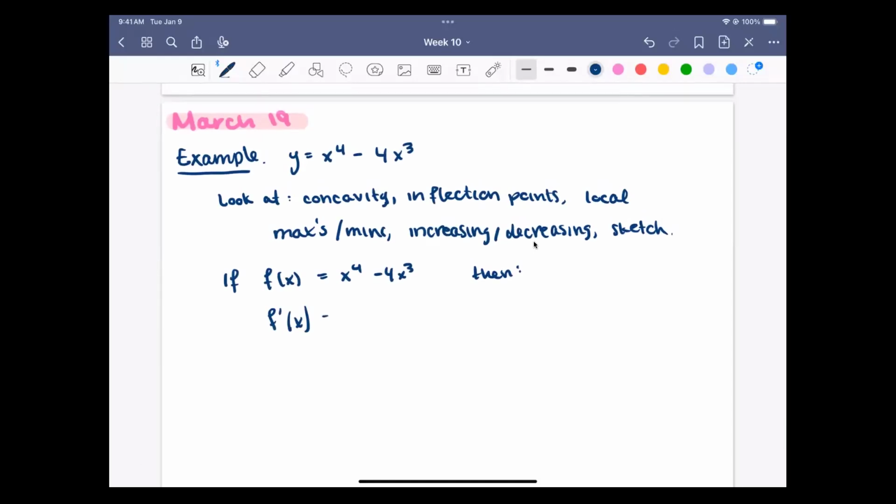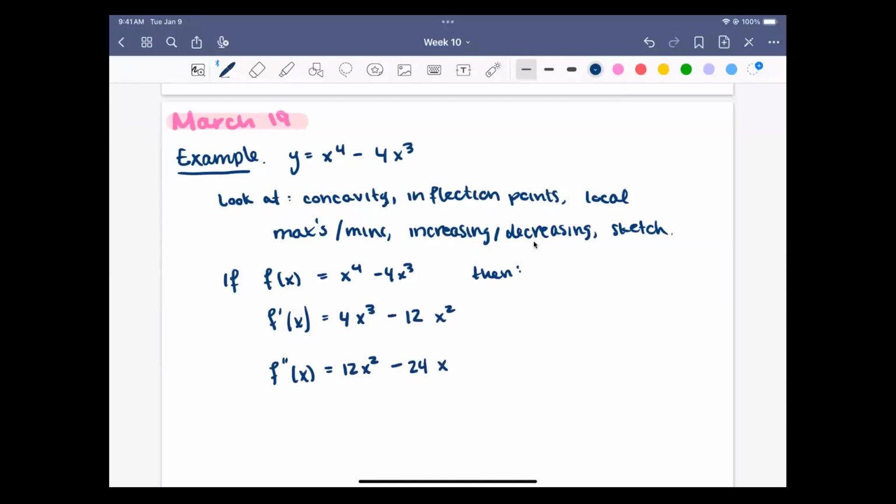So this is 4x cubed minus 12x squared. Okay, looks good. And then what is the second derivative going to be? Yeah, that sounds good. So we get f double prime of x is equal to 12x squared minus 24x.